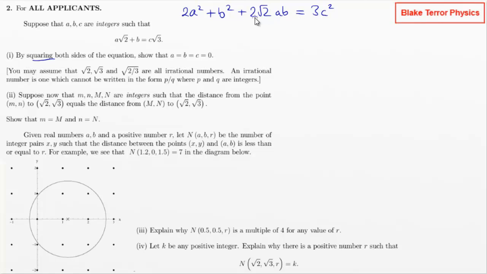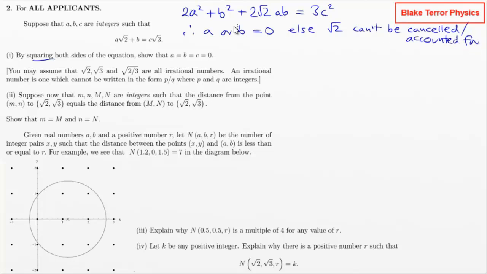Okay, right, so that definitely means that we have to have either a or b, therefore a or b equal to 0, because otherwise root 2 can't be accounted for or cancelled, whatever way we want to think of it.